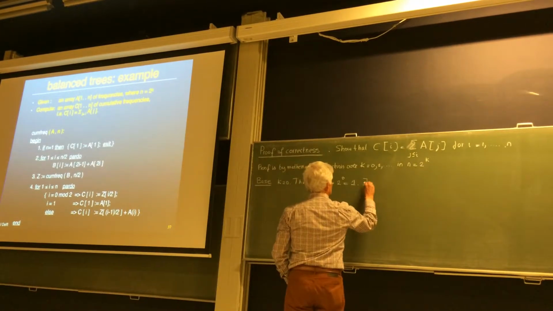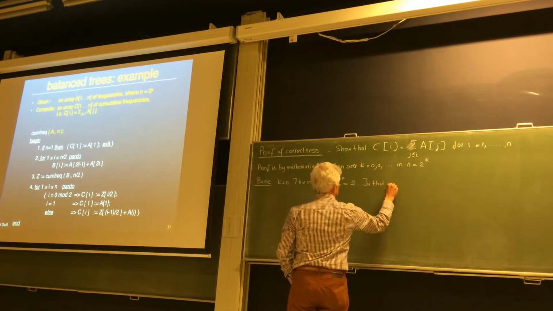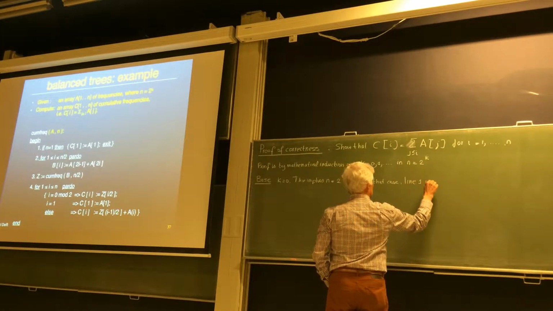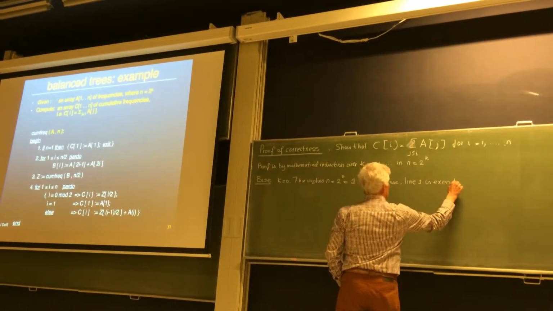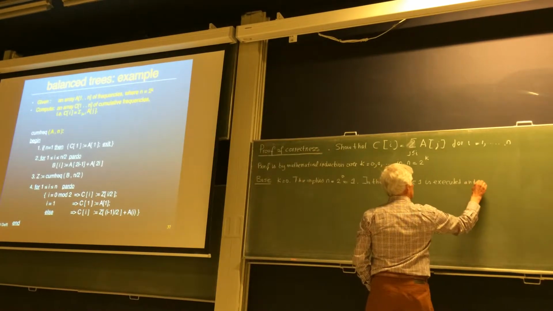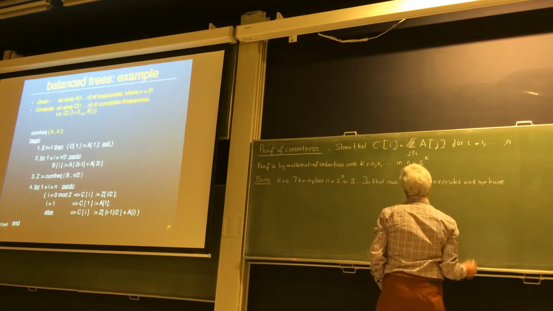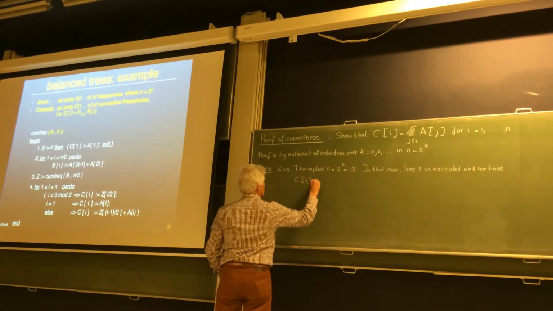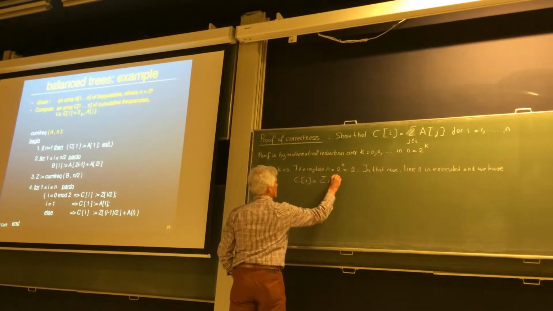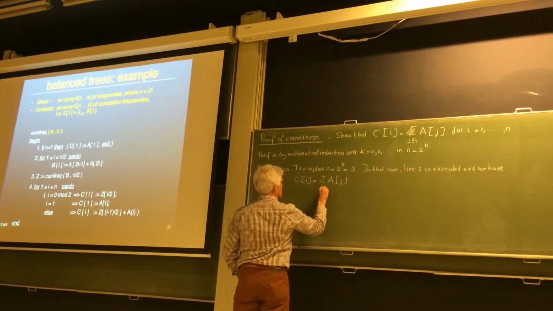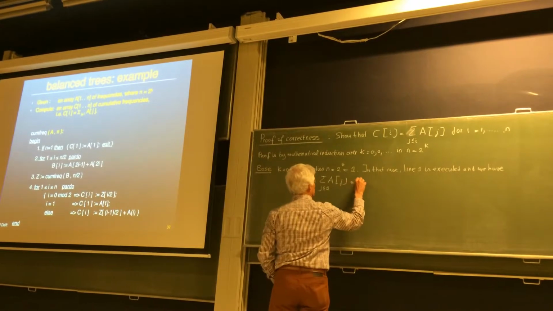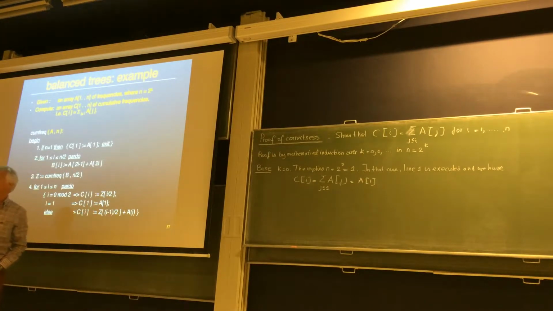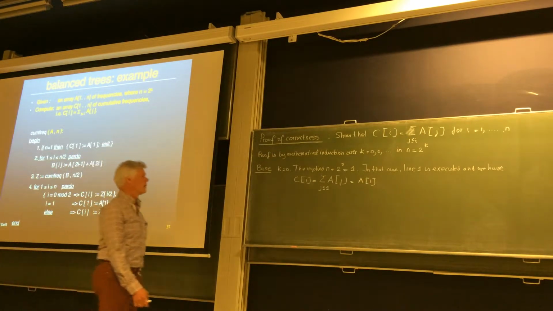Well, in that case, line 1 is executed, and we have C1 equals sigma A j, j less than or equal to 1, is A1. And that's a correct statement, of course. So for n is 1, it holds.